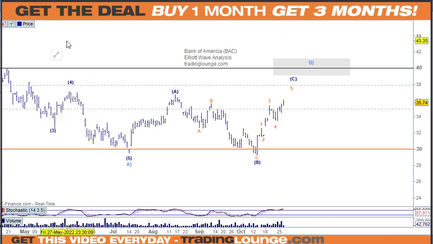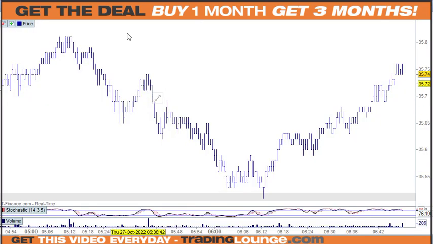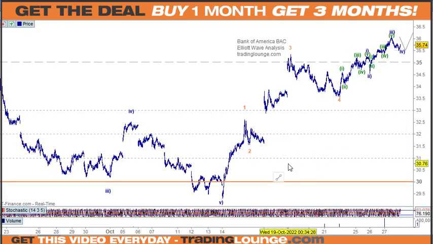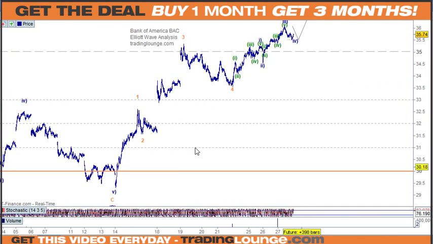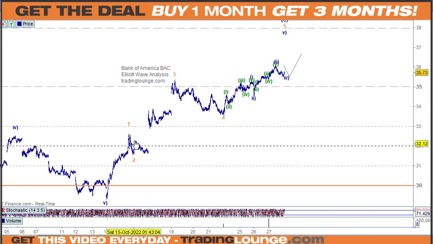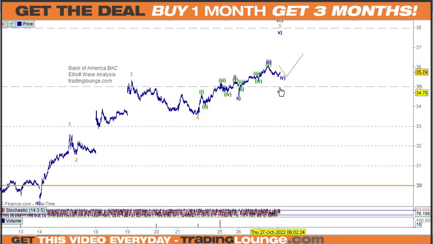So we go to 10 ticks from this point, and we bring in a bit more data. So those 5 waves up, we're looking at this here from this B, 1 and 2, and 1, 2, 3, 4 and 5 for the third wave, the fourth wave, and we're going up for the fifth wave here, over here somewhere.